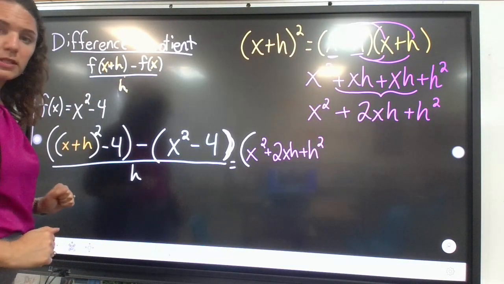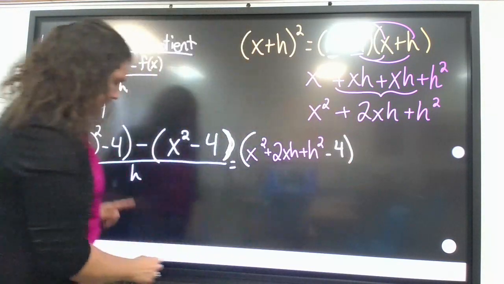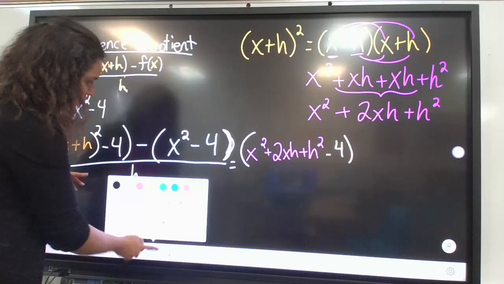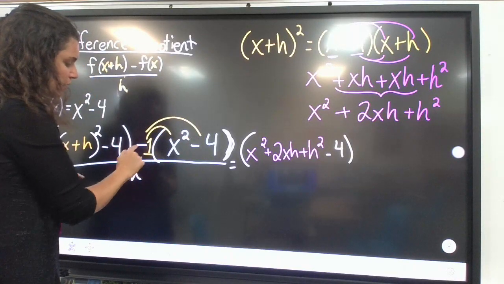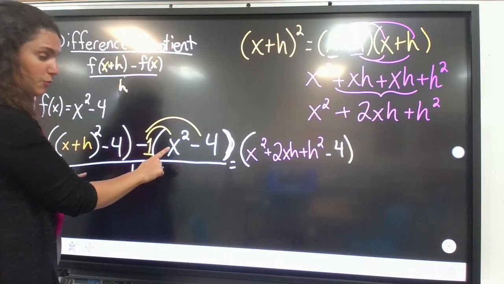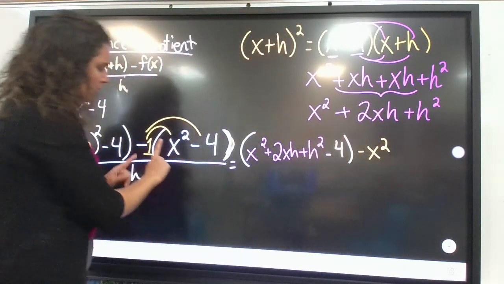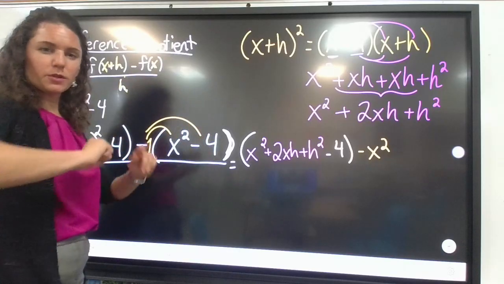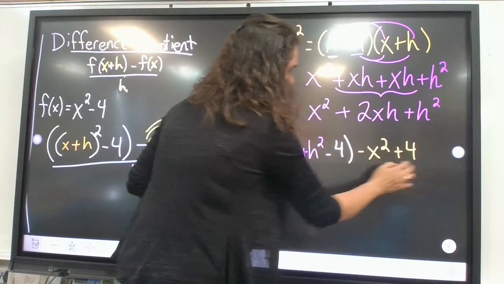The minus 4 still stays there. But this time I'm going to distribute this negative. I'm going to bring it to both things. Remember, this is like a negative 1. So a negative 1 times x squared is just minus x squared. And negative 1 times negative 4, a negative times a negative turns positive, plus 4.